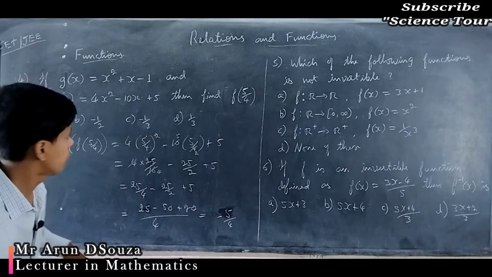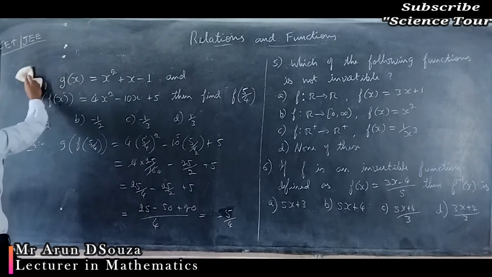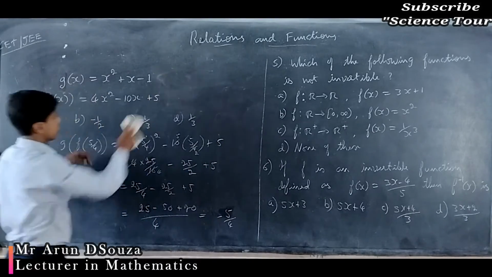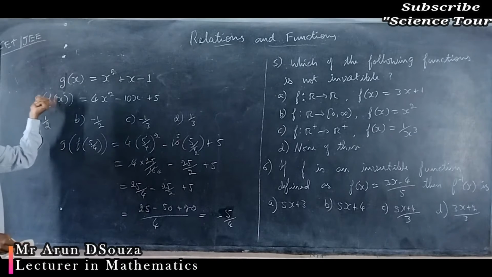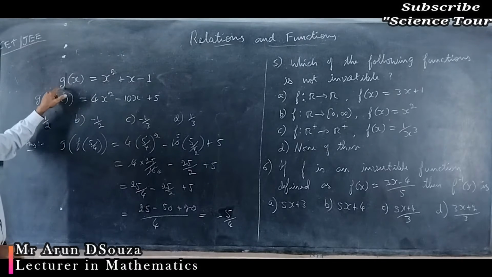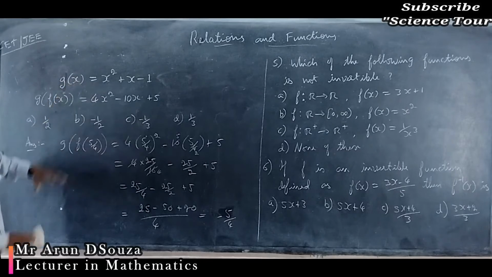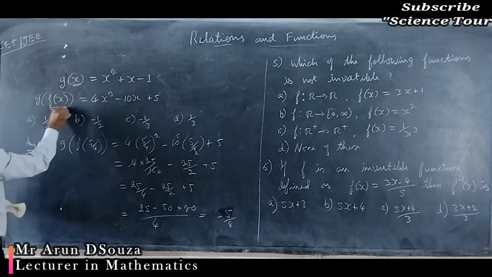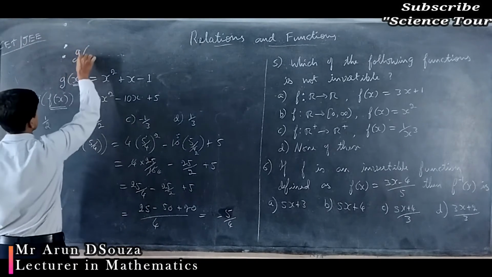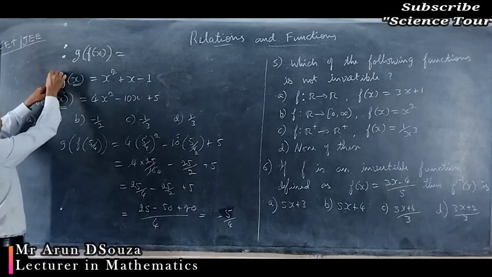Now what we can do is find g of f of x using this formula. I'll tell you how. Just look at these two things. g of f of x is this, correct? Now you have got g of x, and in place of x you have got f of x. So I am writing g of f of x using this formula.